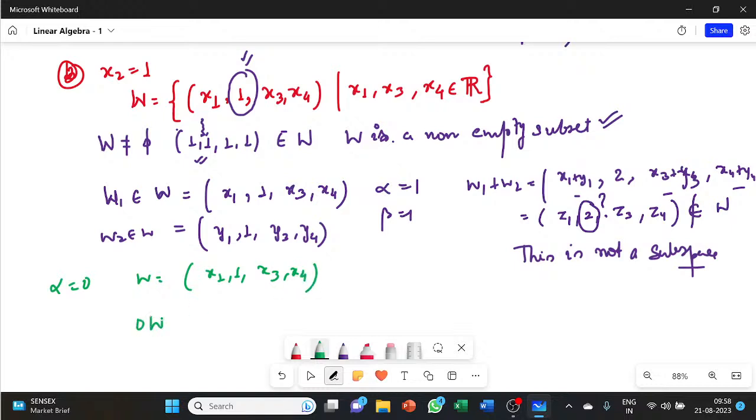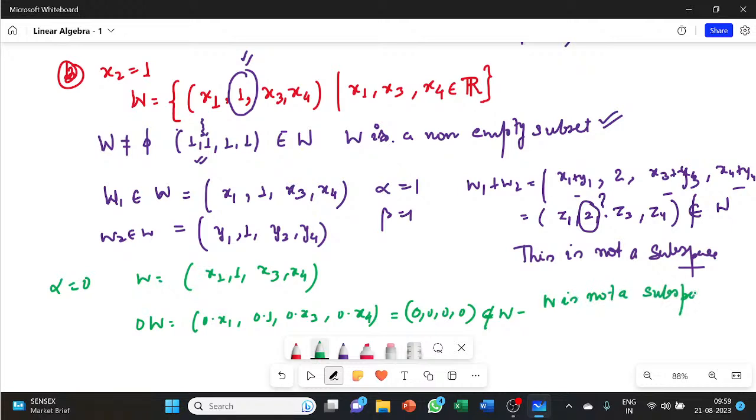If I do a scalar multiplication, 0 times w, it will give me (0 times x1, 0 times 1, 0 times x3, 0 times x4). This would be (0, 0, 0, 0), which clearly does not belong to W. So from here also we can say that W is not a subspace. Is that clear? So from both sides.